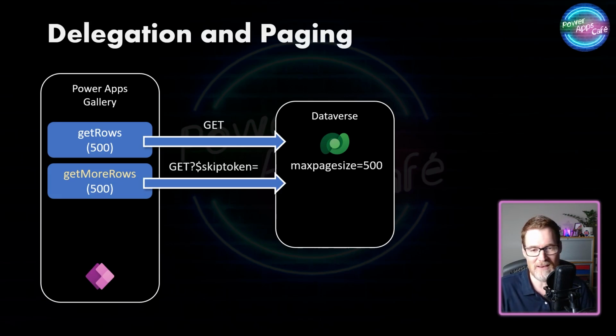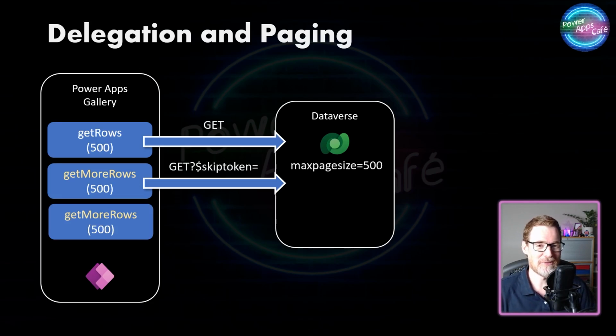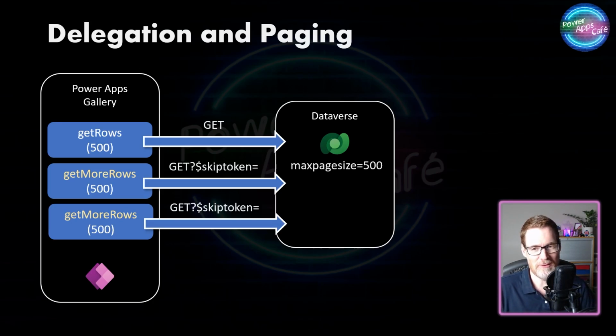It will get the next 500 records, and it uses something called a skip token, which is effectively a cookie that allows you to move between different pages based on the previous page. If you reach the next set of records, it will then go and grab that next set of 500 records. So the gallery is quite powerful in the way it works, because it does this infinite scrolling. Let's take a look at what that looks like.